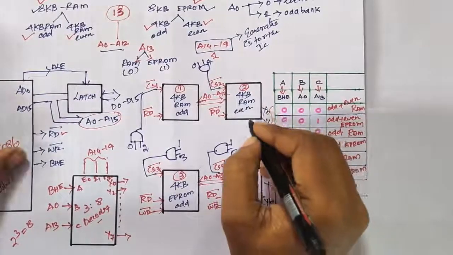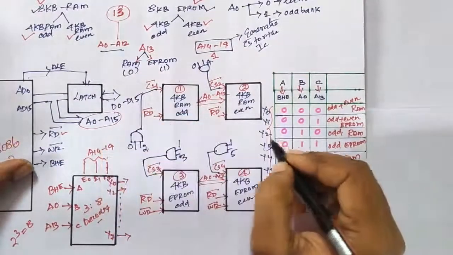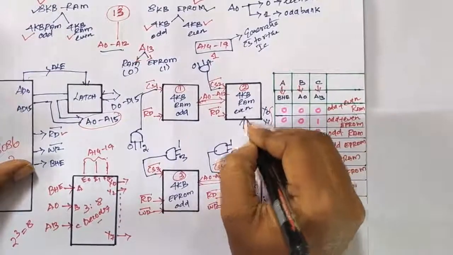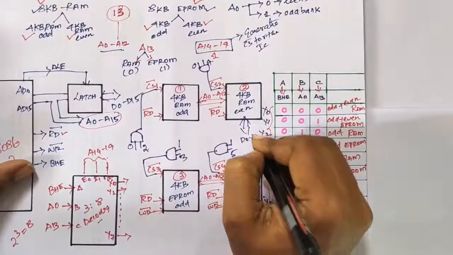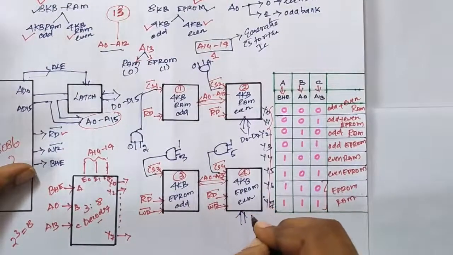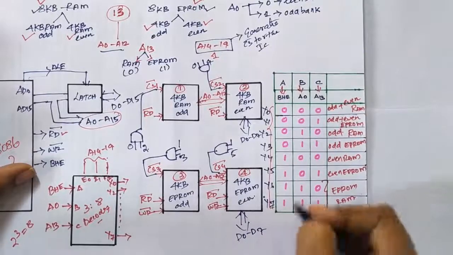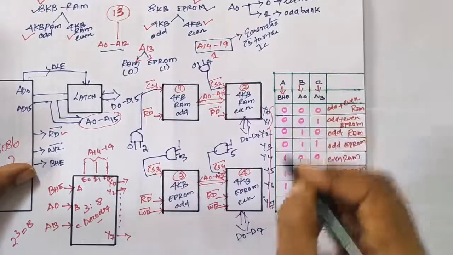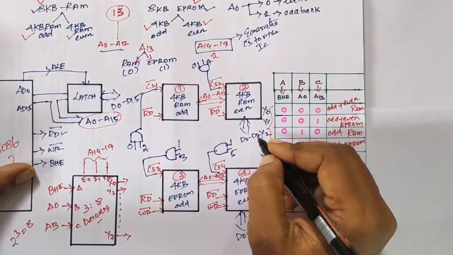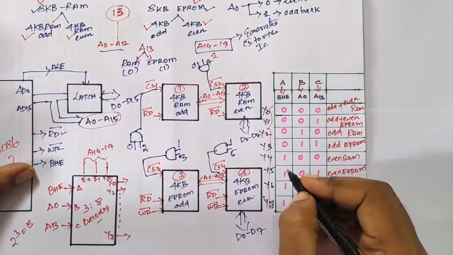Apart from that, we need to share the data buses D0 to D15. For the even bank memories, we can share data buses D0 to D7. Here also we can share D0 to D7. With respect to the BHE signal being 0 or 1, we can select whether D0 to D7 lines or D8 to D15 lines are needed.